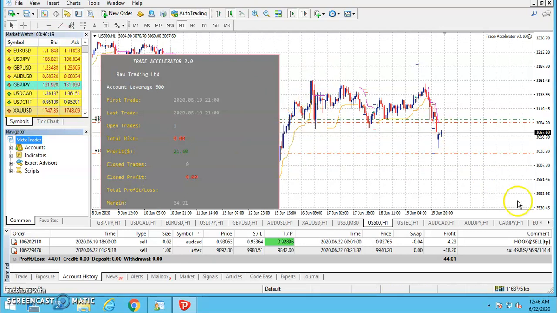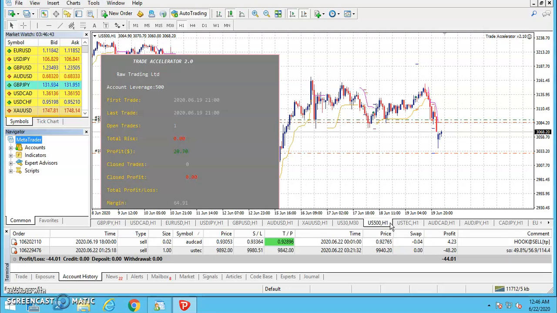The reason it is important that when you trade indices you have a considerably larger balance is because even with the minimum lot size, even with the smallest lot size, you still need quite a lot of money.